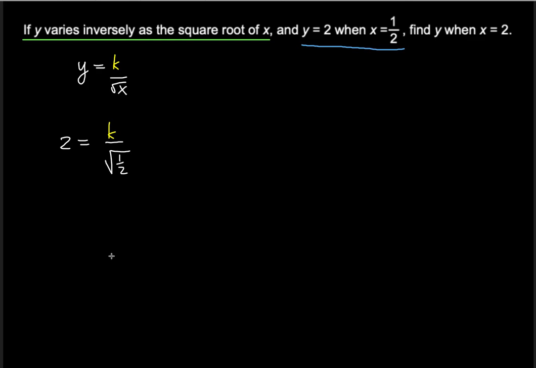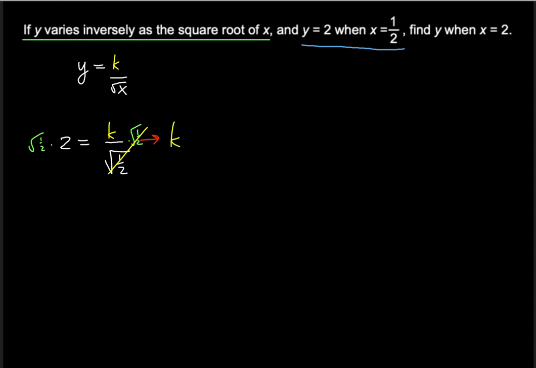Now notice that we can immediately solve for k by multiplying both sides by the square root of 1/2. If you do that, you cancel out the square root of 1/2 on the right side and you solve for k.